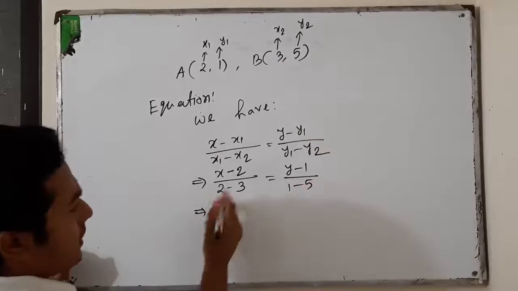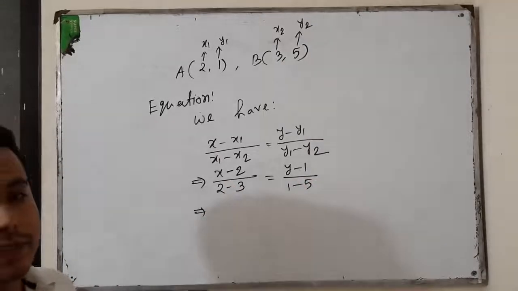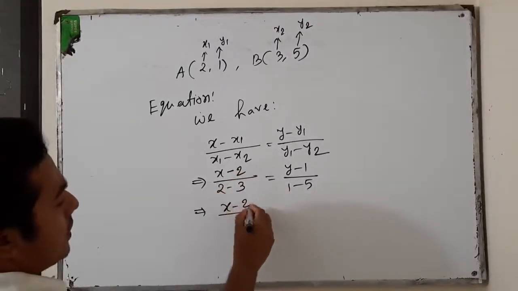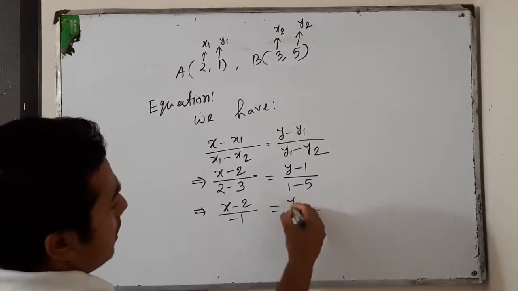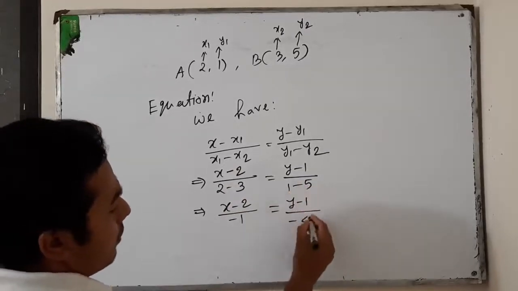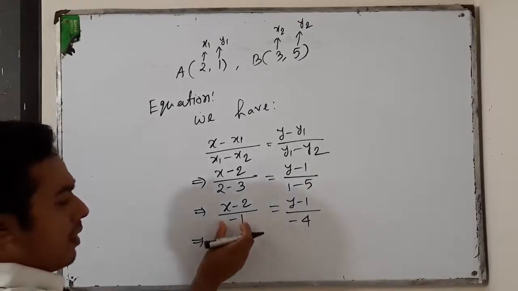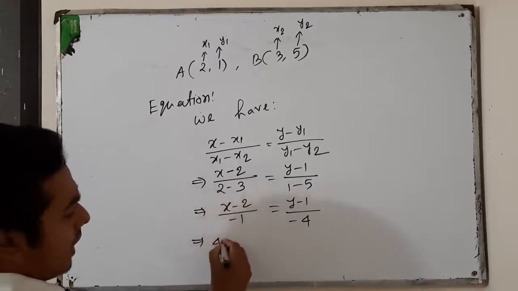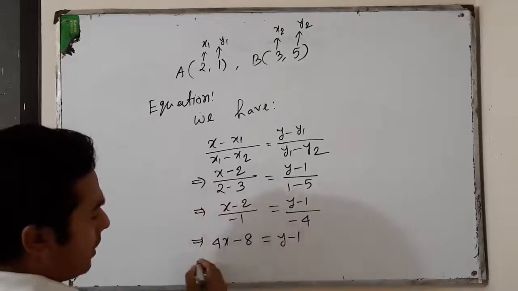If we calculate this, then we will get the equation of the straight line. (x minus 2)/(minus 1) equals (y minus 1)/(minus 4). On both sides minus and minus cancel, then 4x minus 8 is equal to y minus 1.